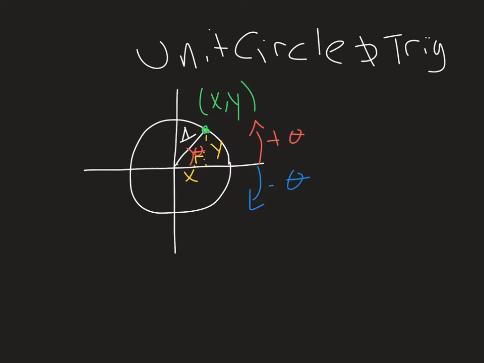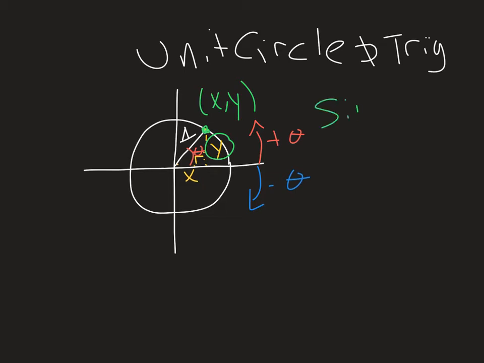If we try to establish some relationships here, very similar to polar coordinates, let's look at y first. In the case of y, that would be the opposite of the angle theta, where 1 is also the hypotenuse because we are on a unit circle.